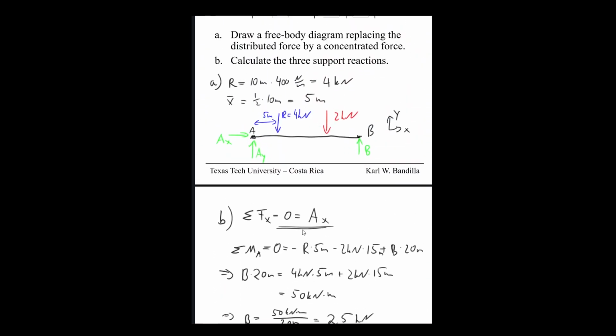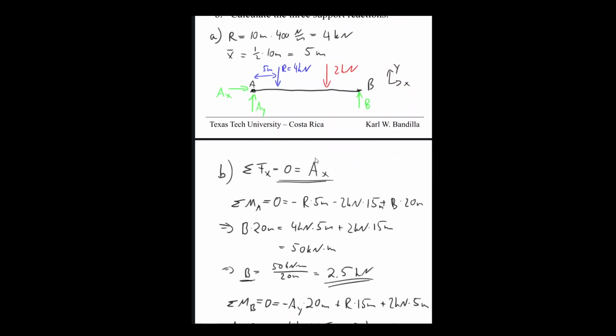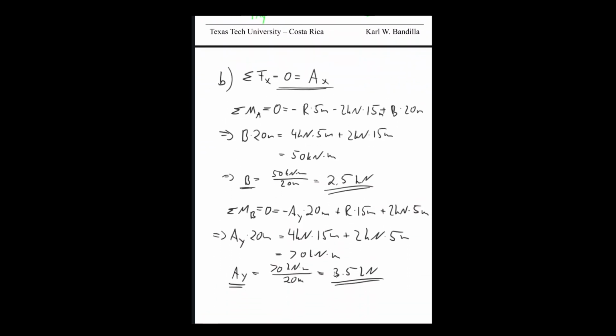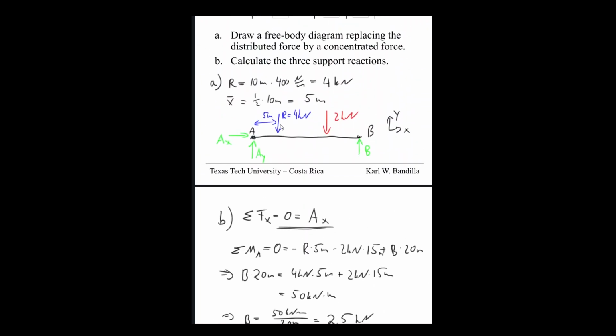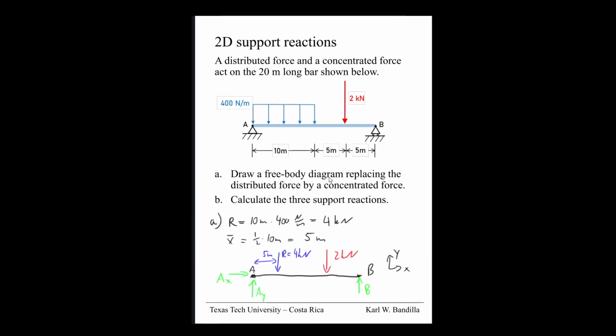AY was 3.5 upward, B was 2.5 upward, so that would be 6 in total. And we have R equal to 4 kilonewton, and the other force was 2 kilonewton acting downward, so they will cancel each other out. So our result seems to be correct.